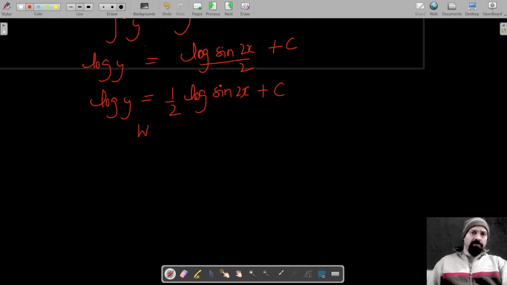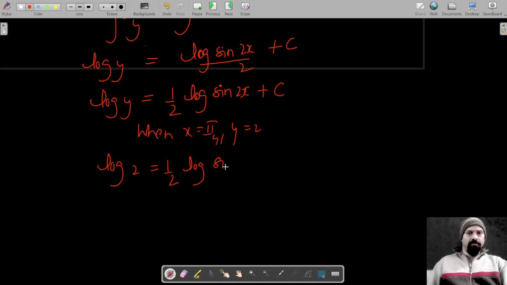That means when x is equal to pi by 4, y is equal to 2. So let's use this to find the value of c. So log 2 is equal to half log sine 2 into pi by 4 plus c.